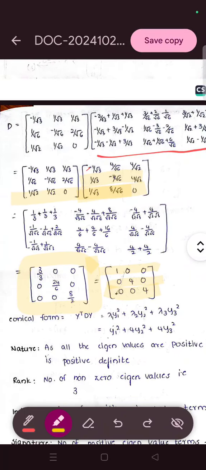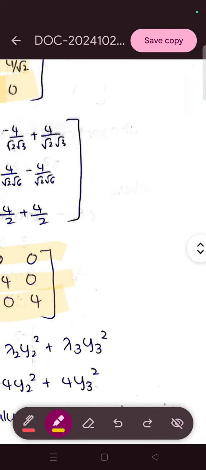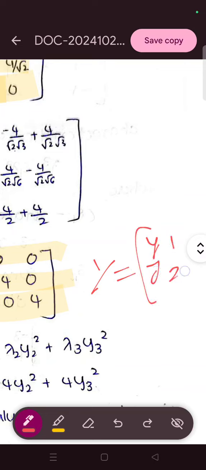So the canonical form is Y transpose DY. So here we know that, right? Y is a linear transformation of capital Q. The canonical form is Y transpose DY. So Y is an unknown matrix, right? The order of the matrix is 3, so y1, y2, y3.